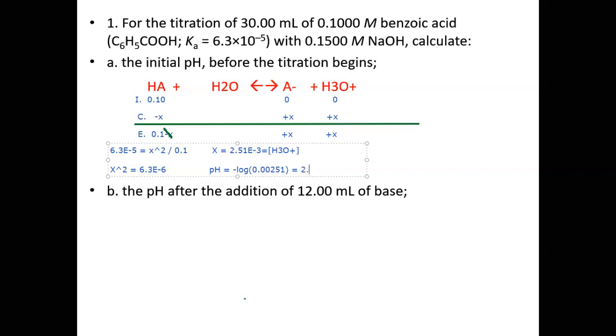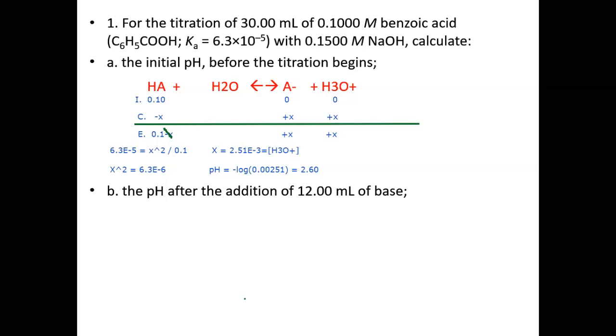We get the pH is 2.6. And so that's the initial pH of this benzoic acid solution. Nothing new here.